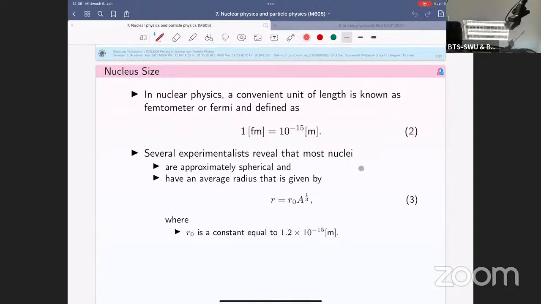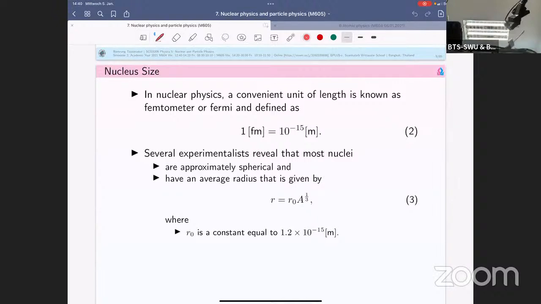Several experimentalists reveal that most nuclei are approximately spherical. Not only a single nucleus, every nucleus around the world.